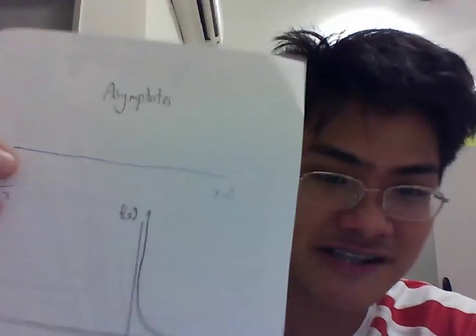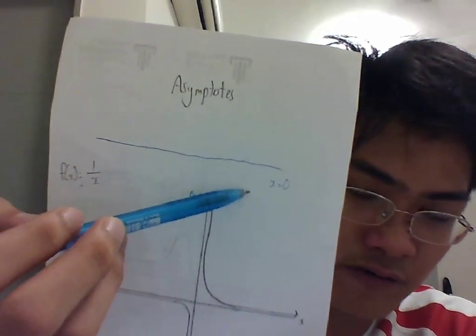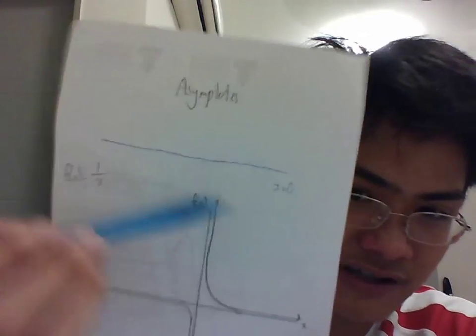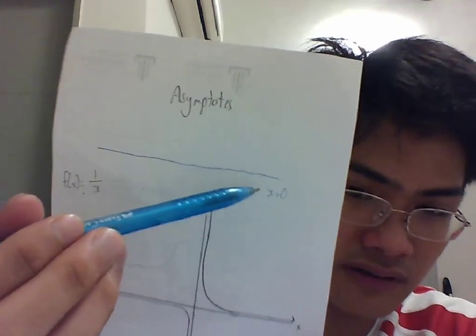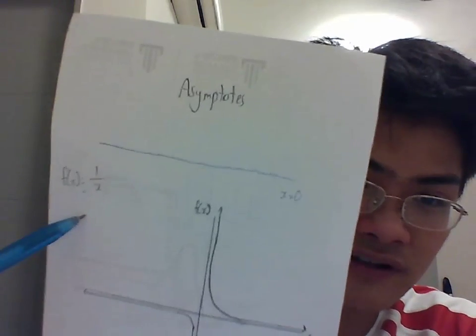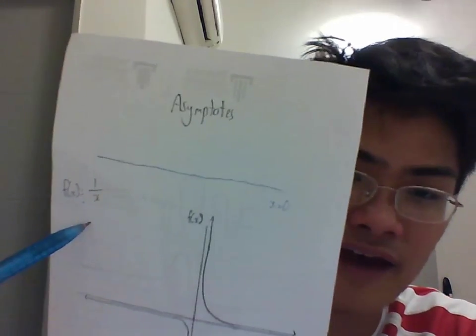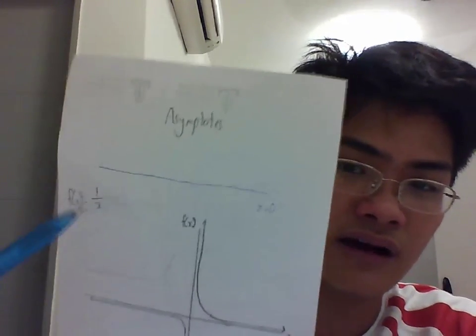And at 0 itself, that is the vertical asymptote, because it's never going to touch x. If the denominator is 0, the one on top over 0, we're going to get undefined. And when that is undefined, that means there is no specific value, and therefore it's an asymptote.